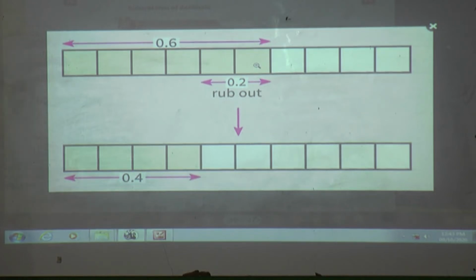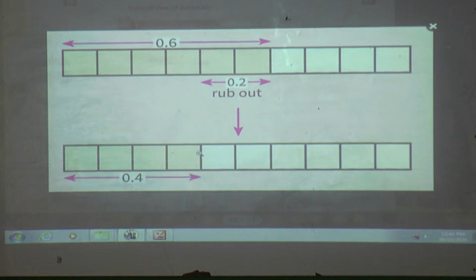Then if you want to remove 0.2 from 0.6, what do you have to do? Rub out 2 parts from the shaded part. If you rub out these 2 parts, your strip will be like this. How many parts are shaded now? See here. How many are there? 4.